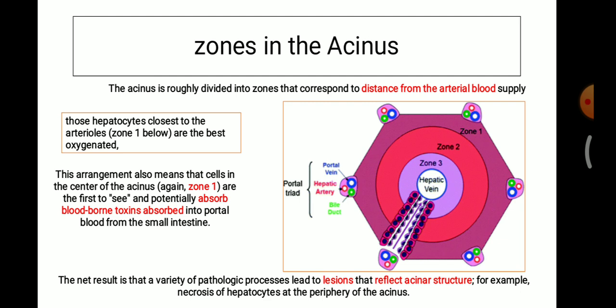The net result is that a variety of pathologic responses lead to lesions that reflect acinar structure, for example necrosis of hepatocytes at the periphery of the acinus. Zone 1 receives most of the oxygenated blood, so that's why you can see the lesions, that is necrosis, in the periphery of the hepatocytes.